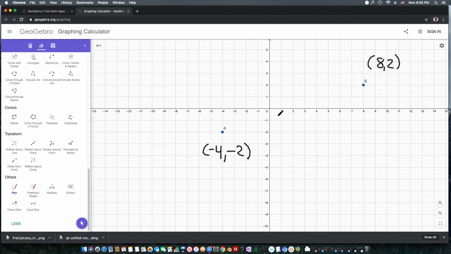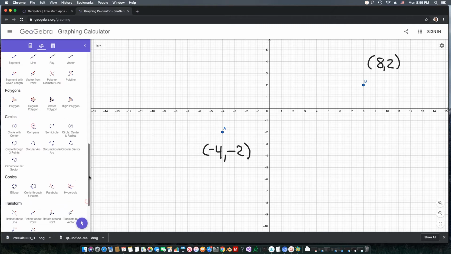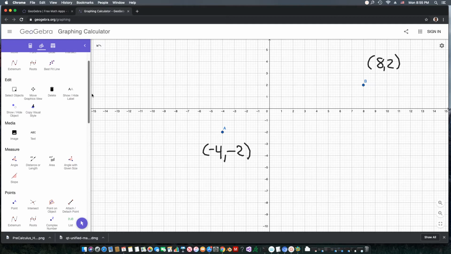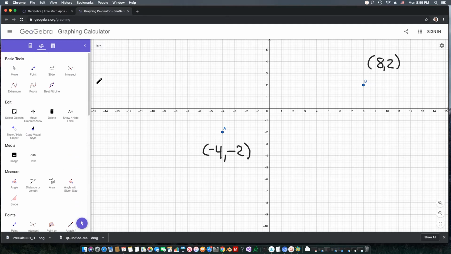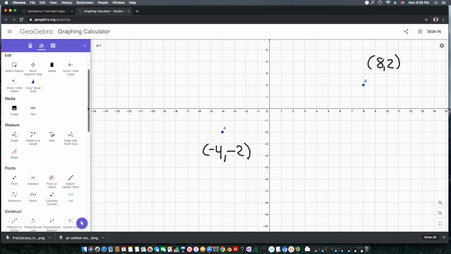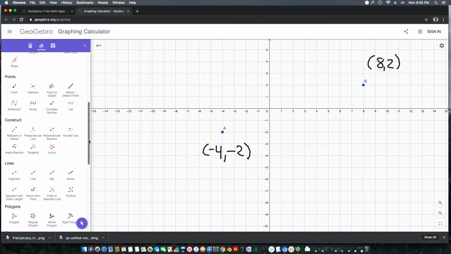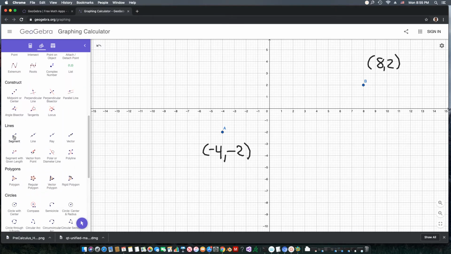And what we're going to do is add a line segment and try to come up with the midpoint. Okay, here's a line segment. So what I'm going to do is click on points A and B. So that represents a line segment.